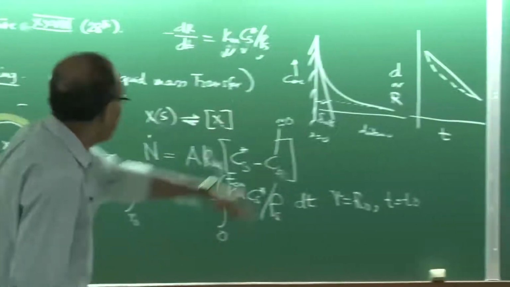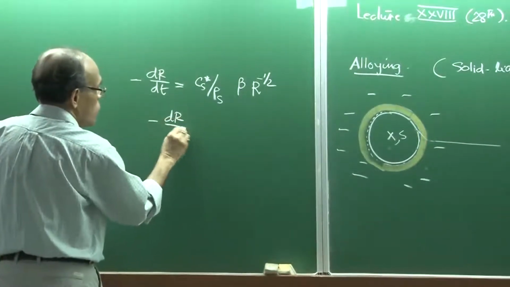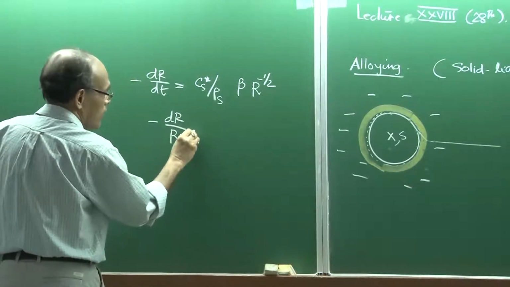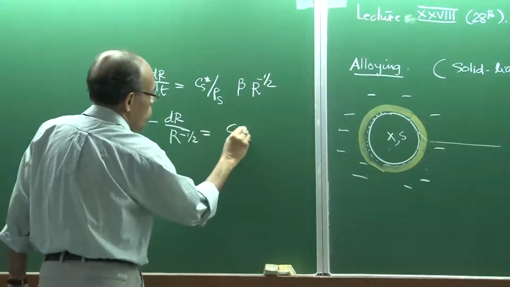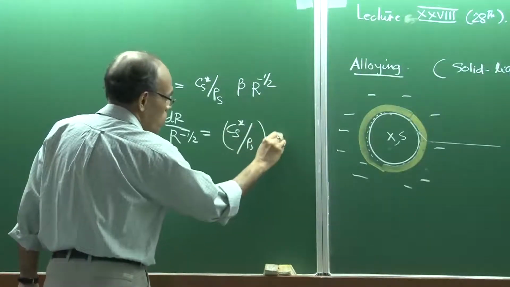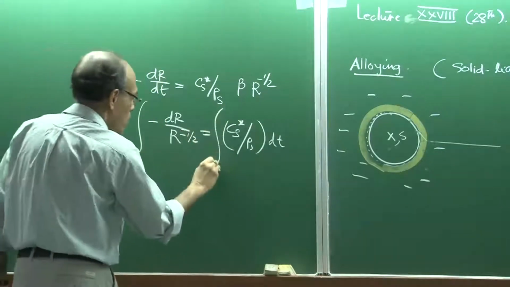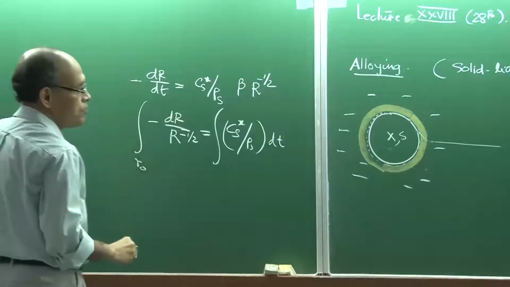So there, beta raised to the power half. We can integrate this now, and then we integrate within the limits that I have already indicated.